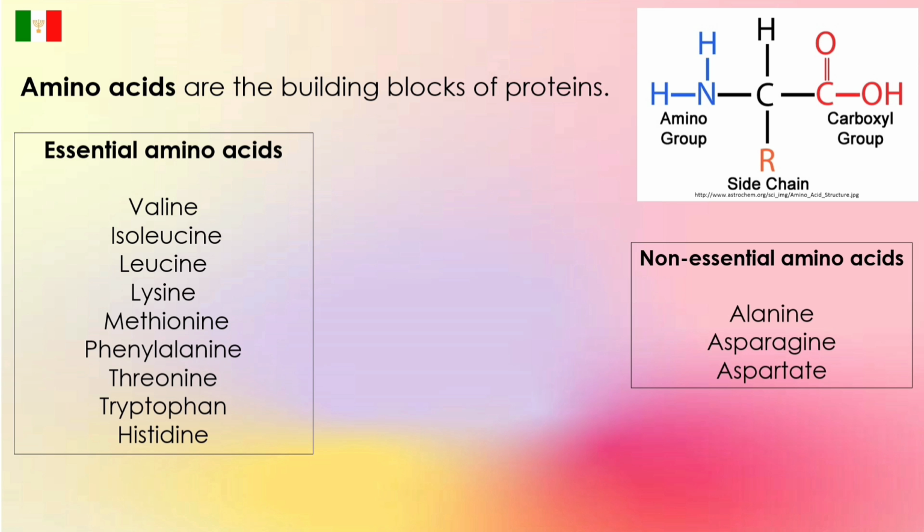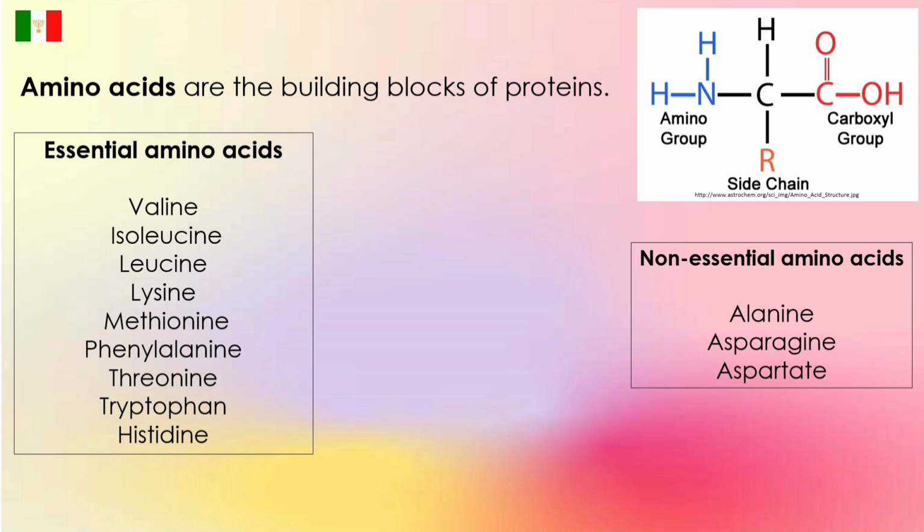The next one is non-essential amino acids. Non-essential is a slightly misleading label because these amino acids actually fill essential roles. But since they are synthesized by your body, they are not an essential part of your diet.